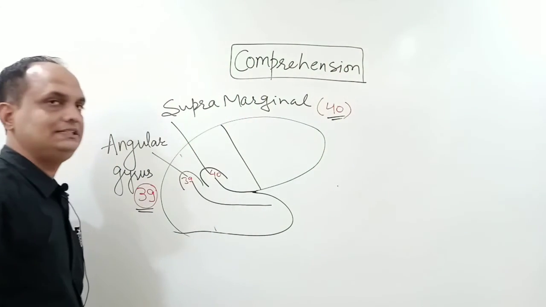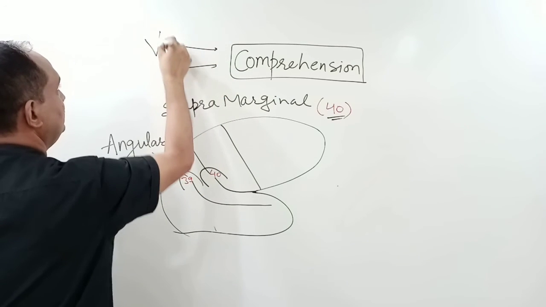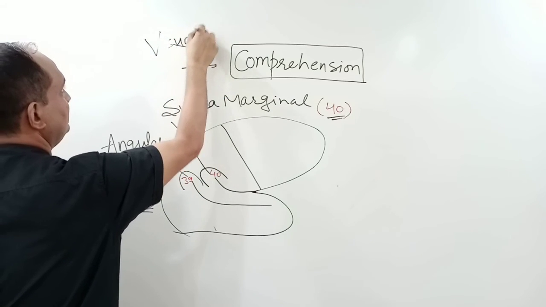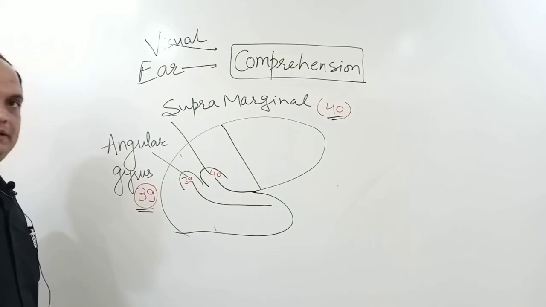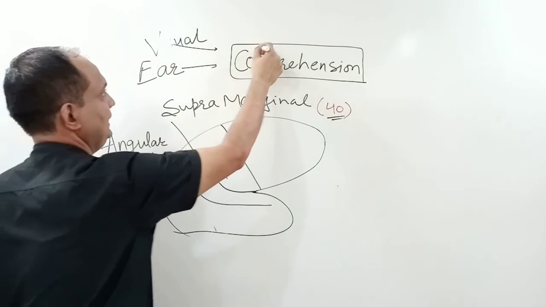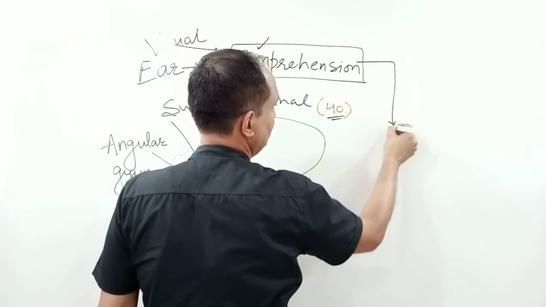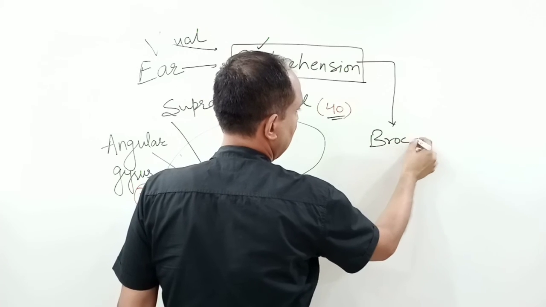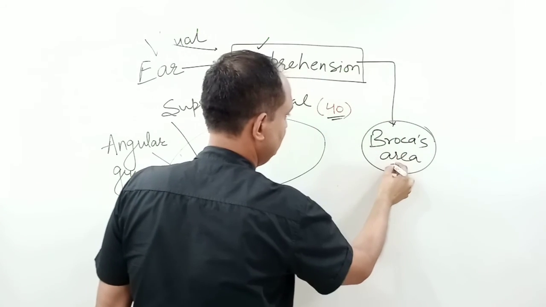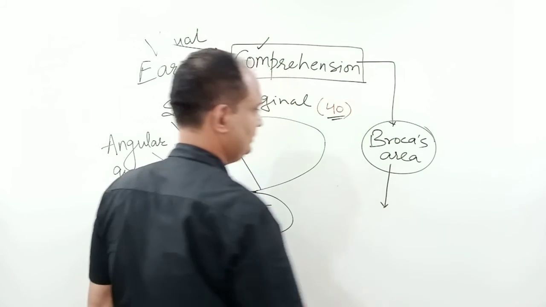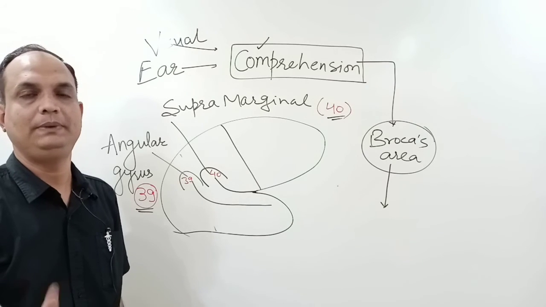Wernicke's area receives input from the visual input and from the ear, that is auditory input, and then comprehension takes place here. Then the fibers go to Broca's area, where the command is initiated, and the command goes to the motor cortex, and we are able to reply or write.